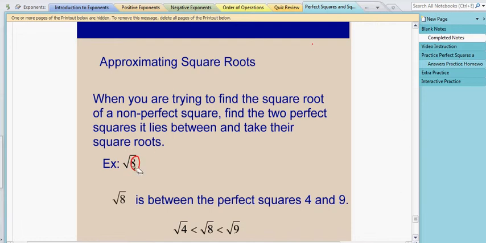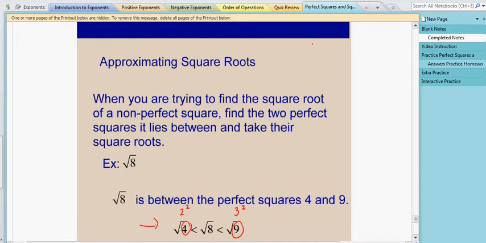If you look at this example, we know that 8 lies between 4, which is 2 squared, and 9, which is 3 squared. So the square root of 4, 4 being the perfect square, and the square root of 9, 9 being a perfect square, are the two perfect squares the square root of 8 lies between.